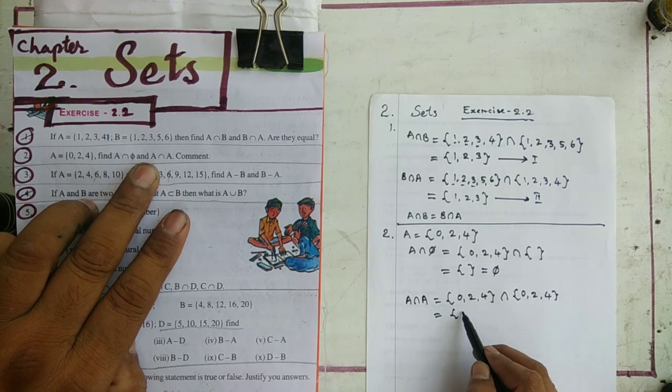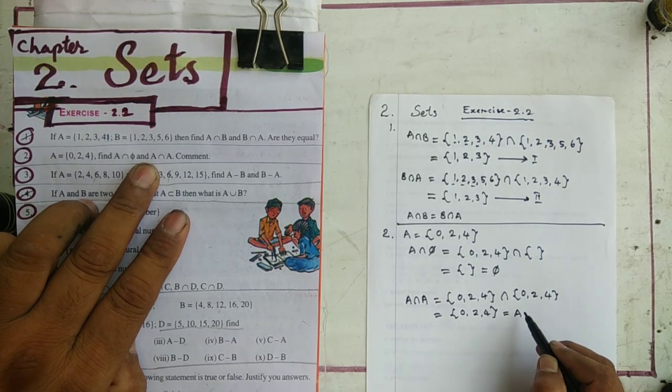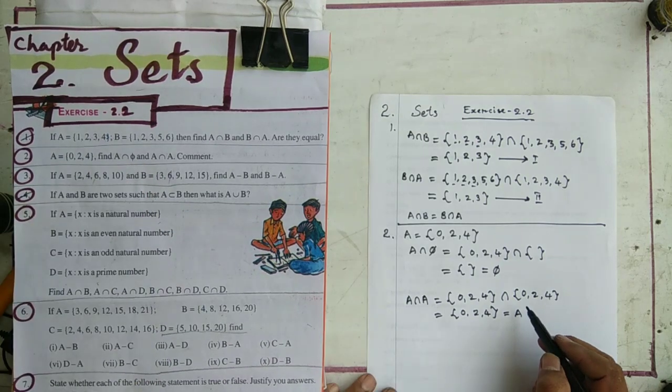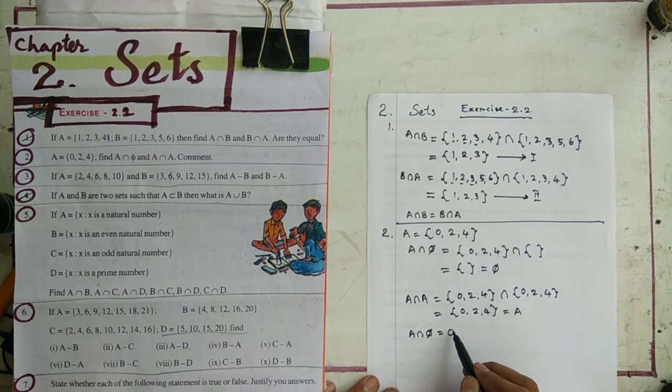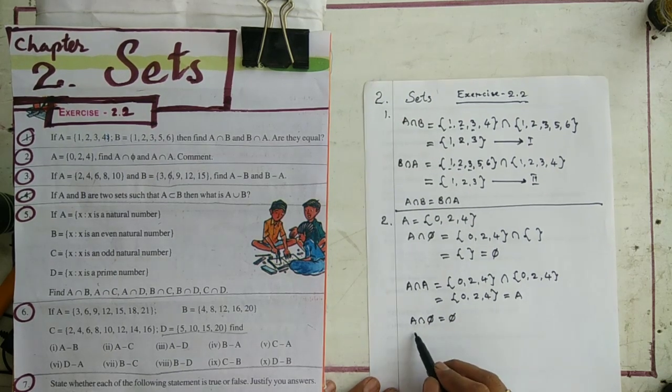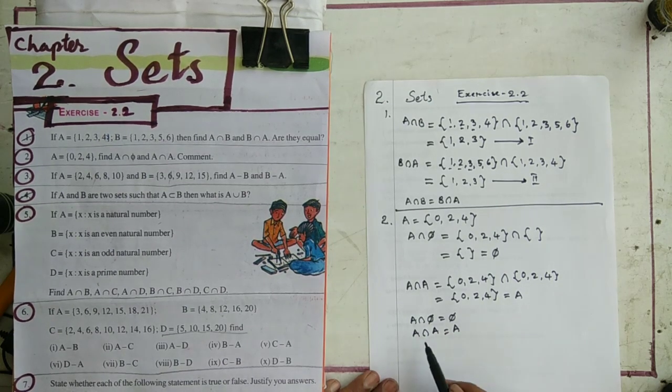So {0, 2, 4}, that is A only. So what is the comment? A intersection phi is equal to phi, and A intersection A is equal to A only. This is the comment.